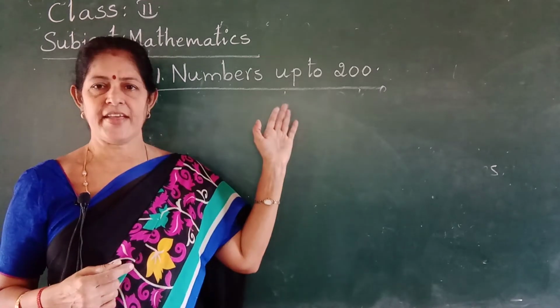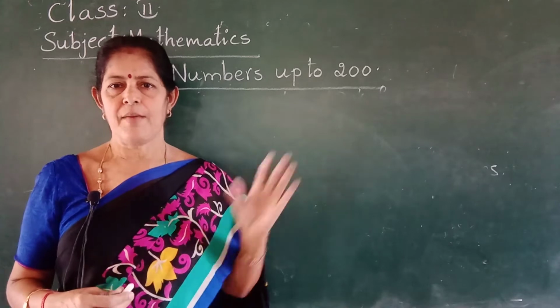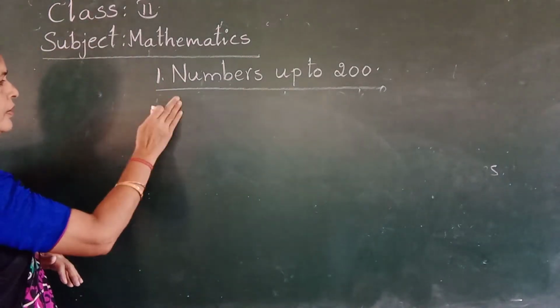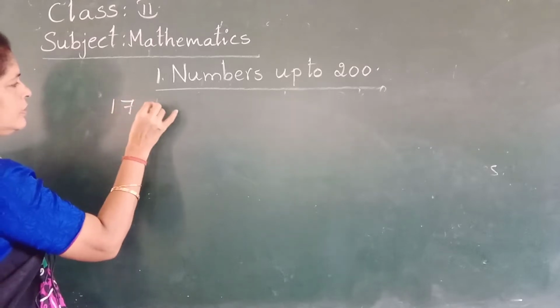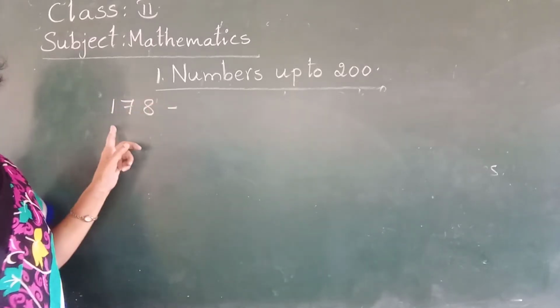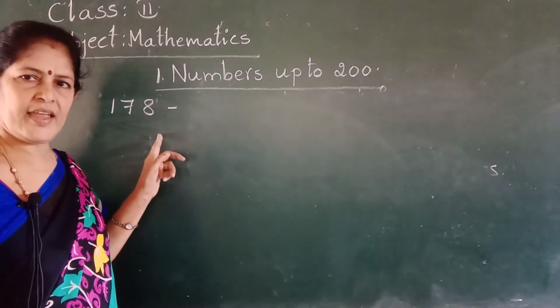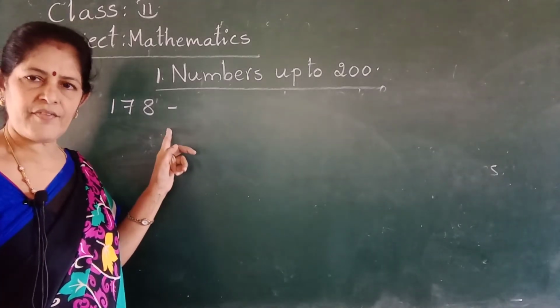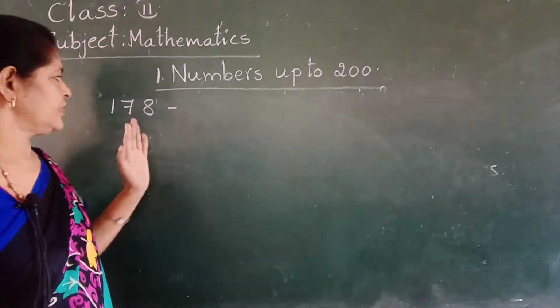Before going to next, I am going to revise those once. Okay? Come on, see. Read the number. 178. Now we are going to write the number name of this number first.